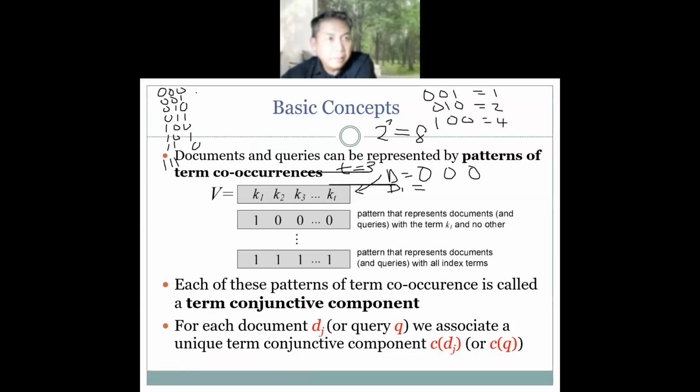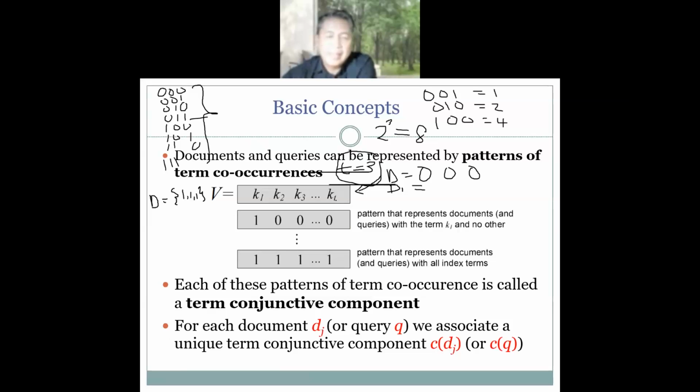So for the 3-bit, you have 8 possible patterns. If I have a document that has this pattern, 1, 1, 1, what does it mean? It means my document consists of all those 3 keywords, assuming T is 3.